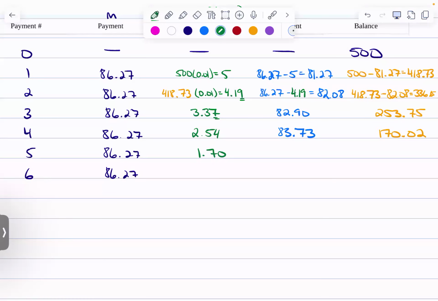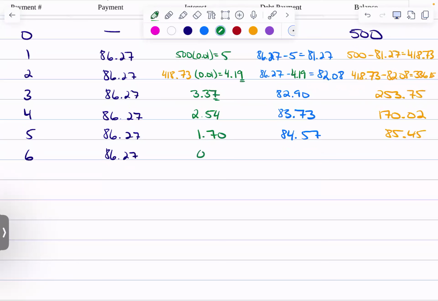85.45 times the interest, 0.01, because they'll make sure that you pay your 85 cents in interest.